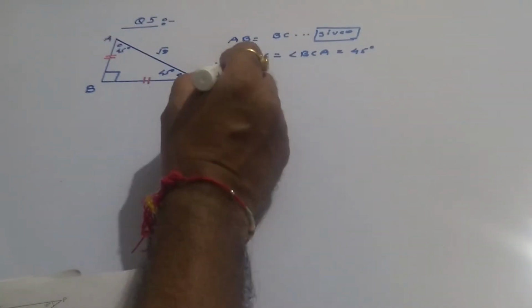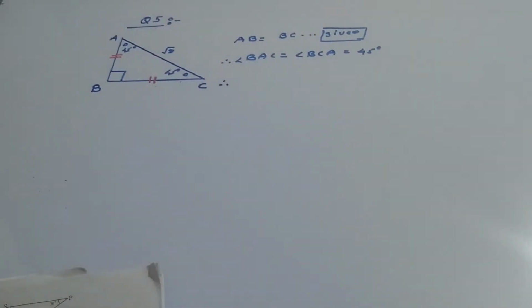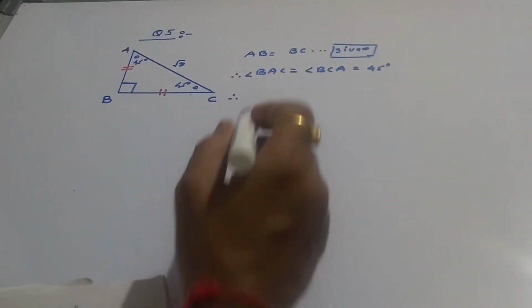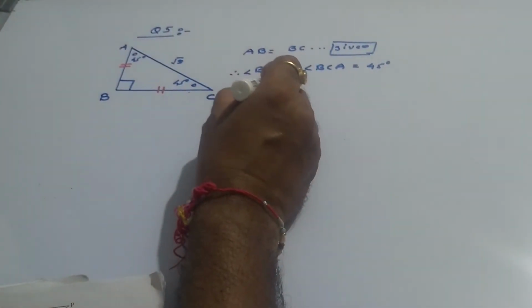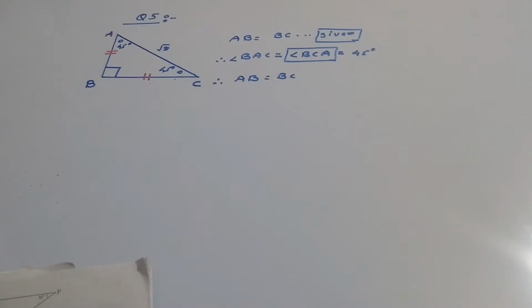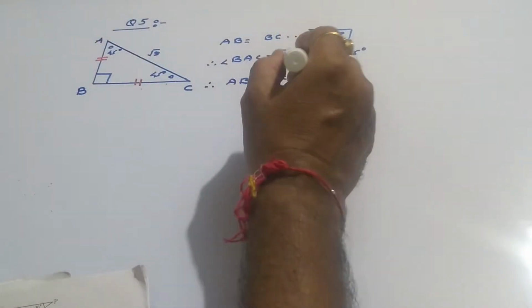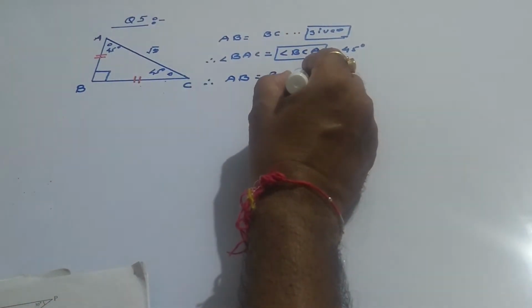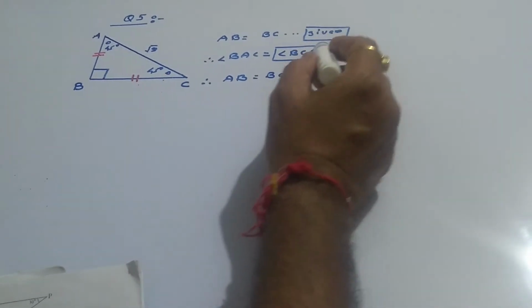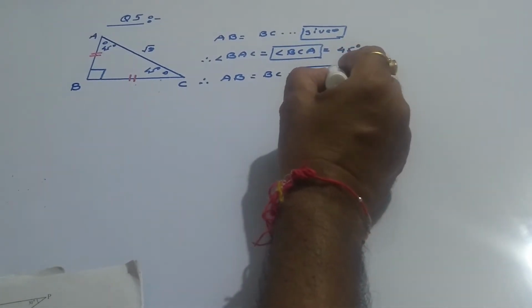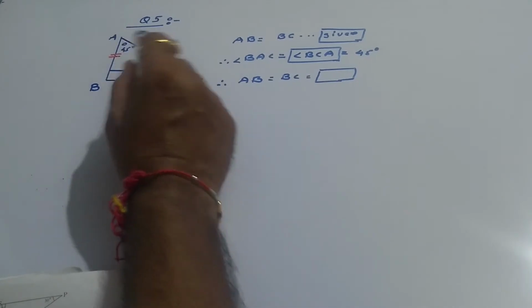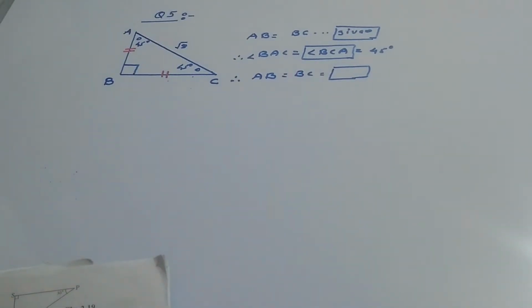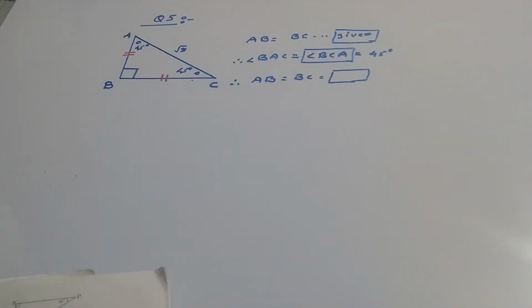So now therefore AB equal to BC is equal to, इथे हा ट्रायंगल कोणत्या टाईपचा झाला आपला? 45, 45, 90 डिग्री. प्रॉपर्टी ऑफ 45, 45 and 90 degree.